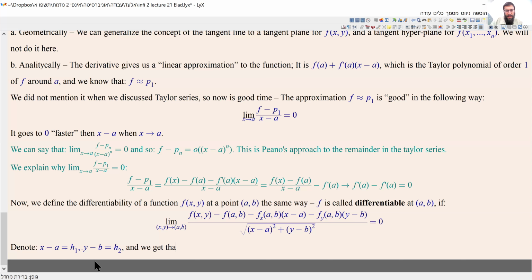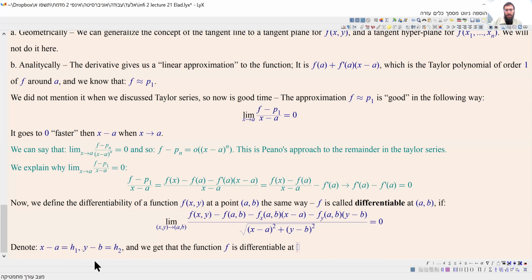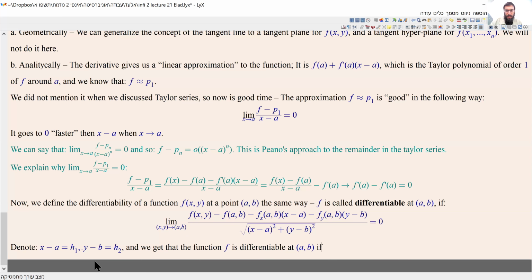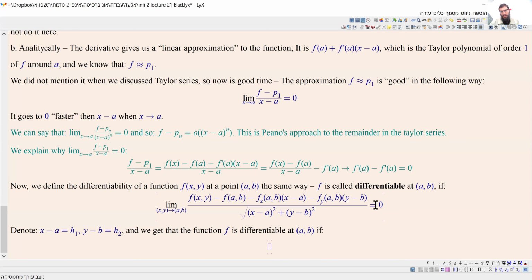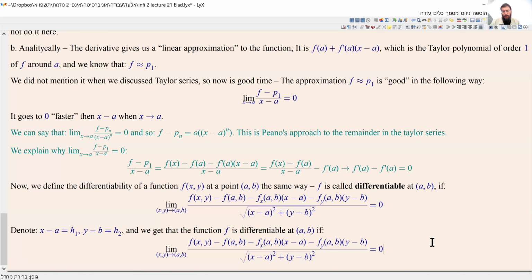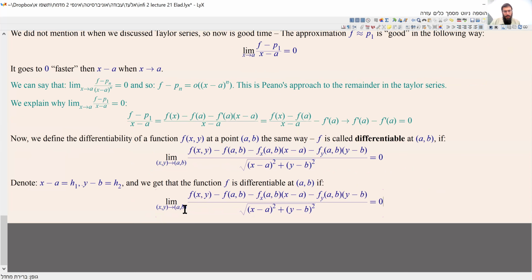And we get that the function f is differentiable at the point (a, b) if I write down this limit using the language of h1 and h2. We're having h1 and h2 going to 0.